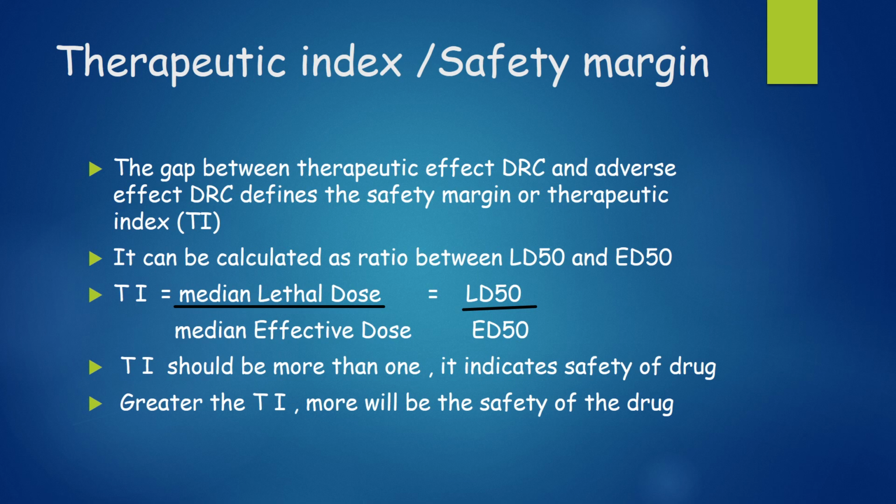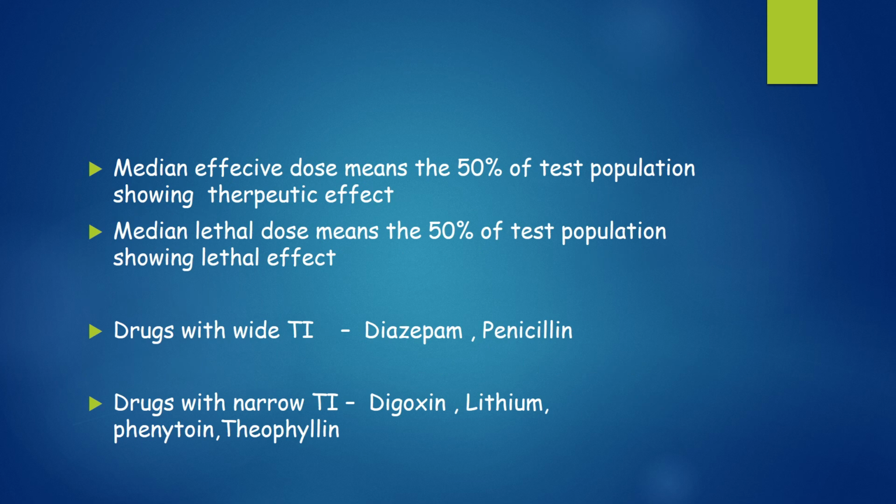So, the lethal dose by effective dose. When the index is high, or more than 1, the drug is more safe. The therapeutic index should be more than 1, it indicates the safety of the drug. The greater the therapeutic index, the more the safety of the drug.